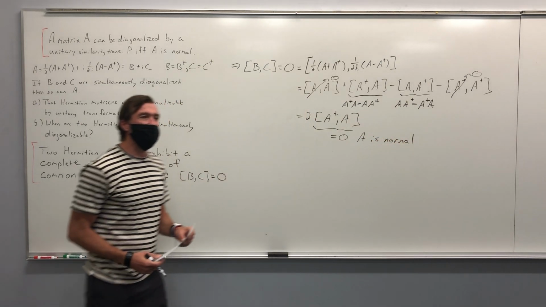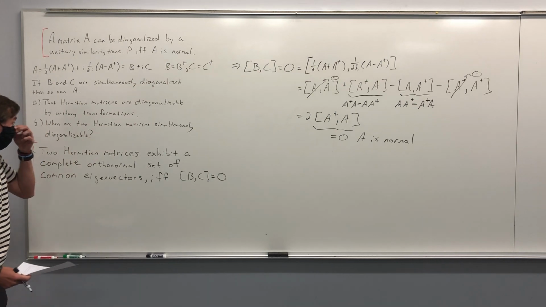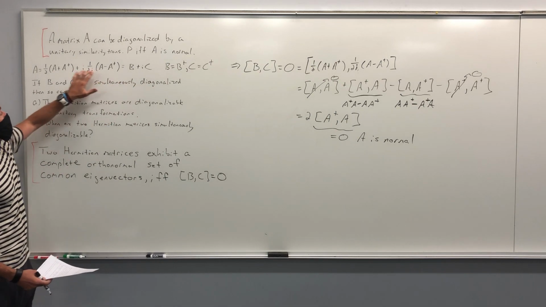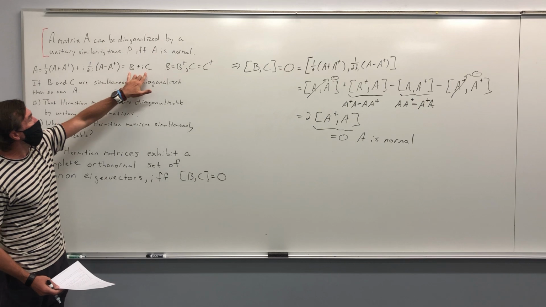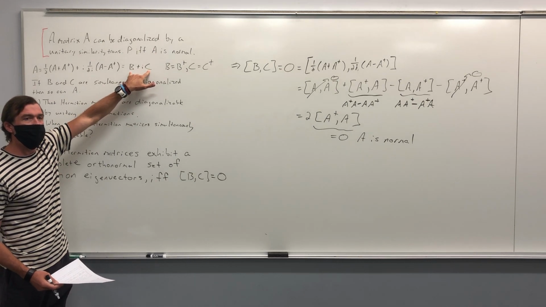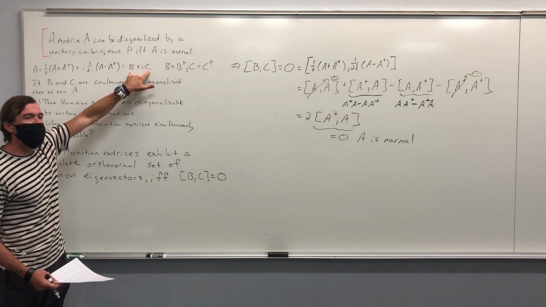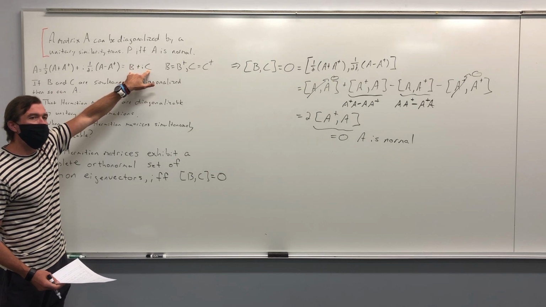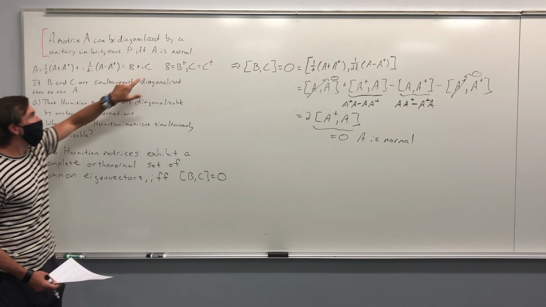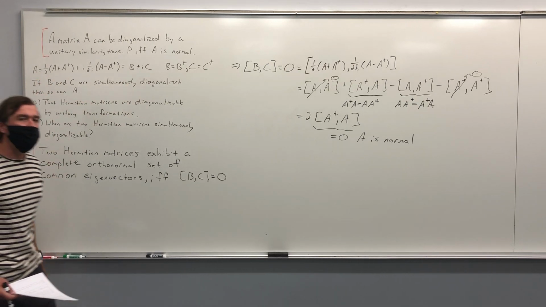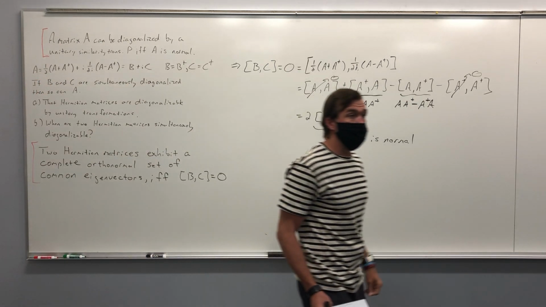Okay, so what we just proved is that you can take any matrix, break it up into the sum of two Hermitian matrices, B and C, and B and C are simultaneously diagonalizable if A is normal. Okay?